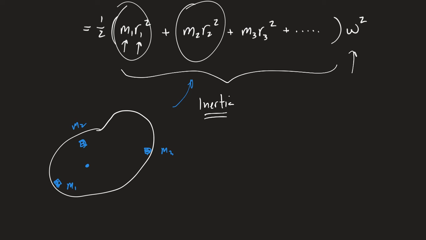That even though R1, R2, and R3 are all in different directions, because they're squared here, it's not about what direction they are, it's just about how far away they are. Any information about direction would have been lost when I squared it, in the same way that the negative sign was lost when I squared the last one. So we call this sum the moment of inertia.